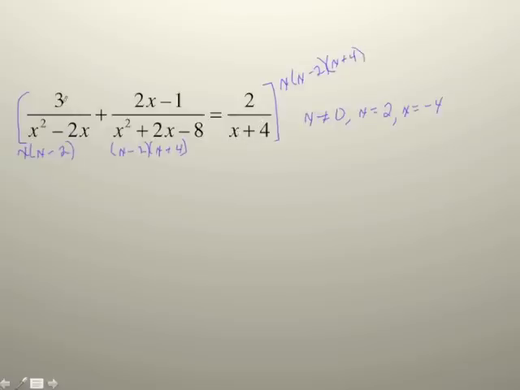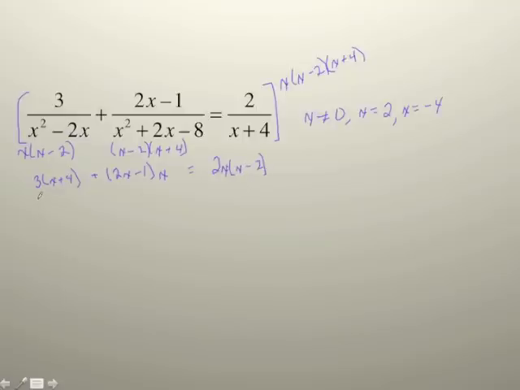So looking at the first fraction, x and x minus 2 are already there, so I need to take that numerator, 3 times x plus 4. Plus, I have 2x minus 1. The x minus 2 and x plus 4 would cancel out, so I just have that one times x equals, for the last one, the x plus 4 cancels out, so I'll have 2x times x minus 2.